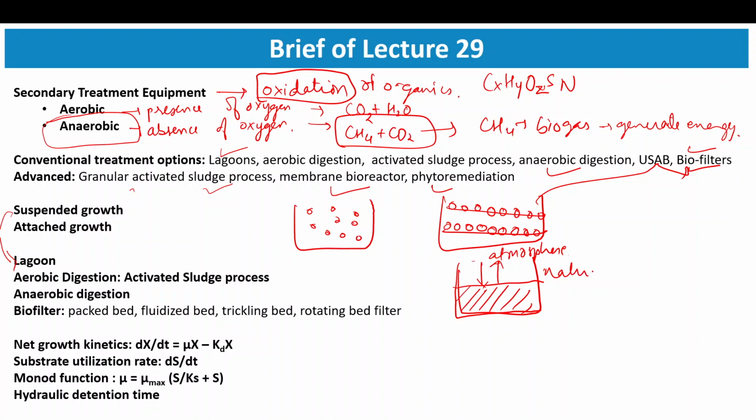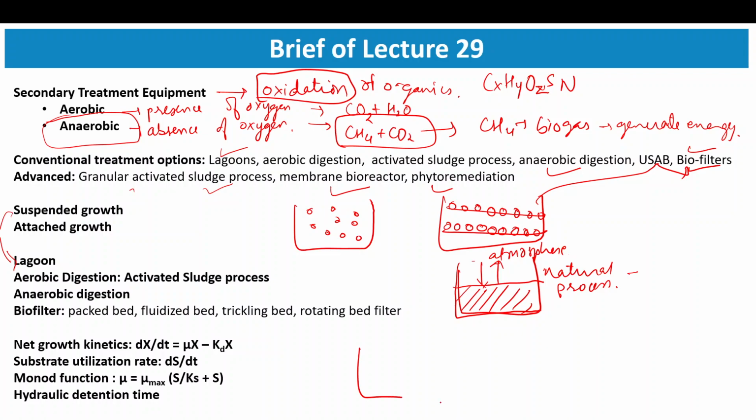So it is all a natural process. Now, in the case of the activated sludge process, the amount of bacteria or microbes used is in much excessive quantity, and you also provide some external stirring as well as an external air supply.